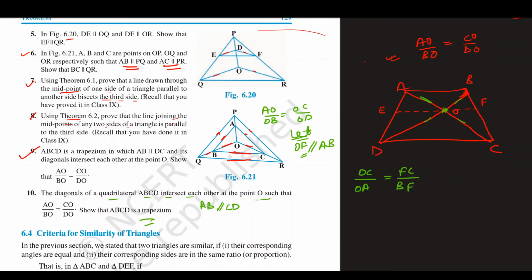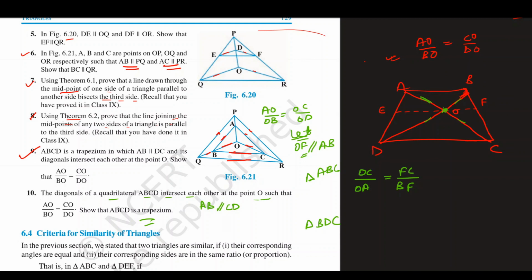We have looked at triangle ABC. So then look at triangle BDC. Now in triangle BDC, what is the case?